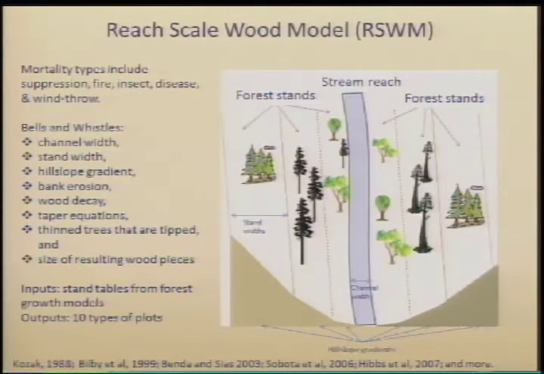The idea behind that comes from a project that we did where we were trying to figure out, based on reference conditions and thinning, if you wanted to show that thinning was reducing the amount of wood in the streams, and you wanted to make up the wood for your reference condition, your natural conditions, you might tip those pieces of wood into the stream. Instead of the tree just dying and falling in some random direction, you tip it directly into the stream. So you have a probability of 100% that that piece of wood is going to end up in the stream and hopefully be a functional piece of wood.